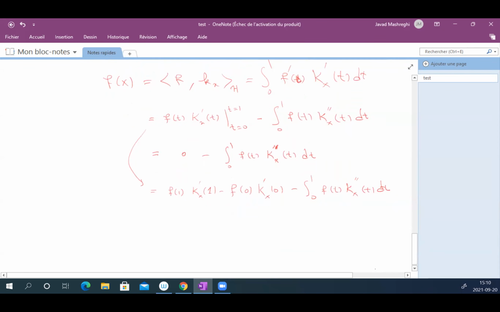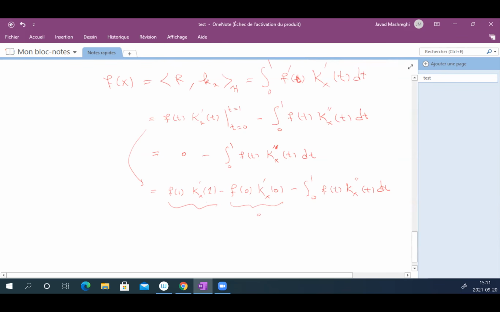You might use the boundary condition and say that this is equal to 0, but there is no clue that this one has to be 0 too. And indeed, it is not. And we will see this is one of the obstacles that we need to remove.